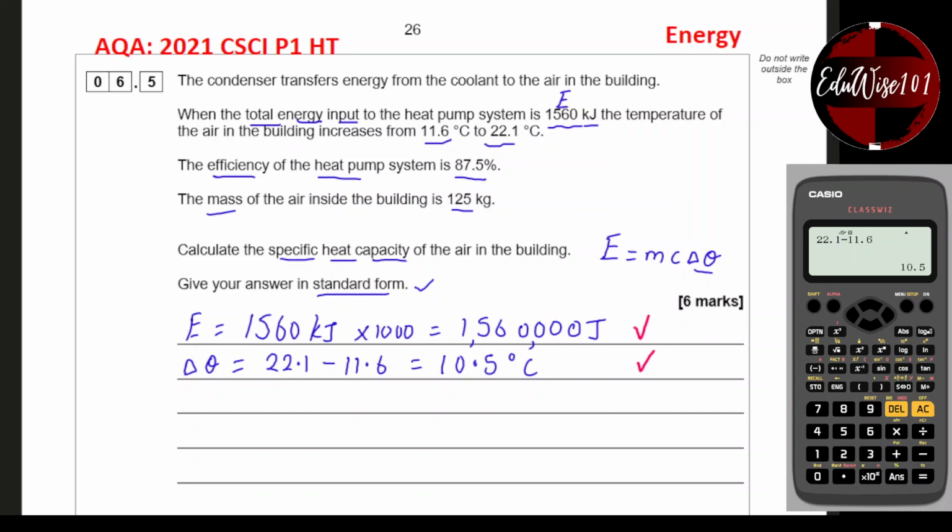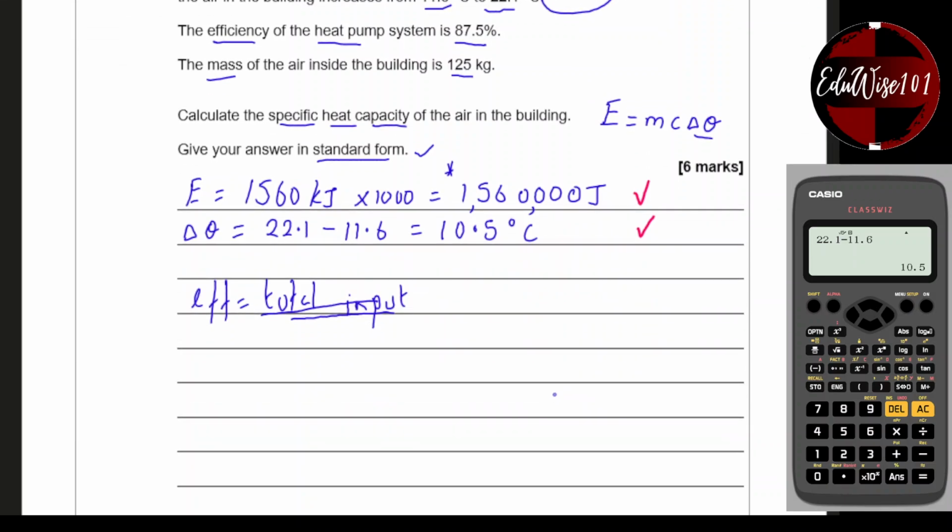Now, the efficiency of the heat pump is 87.5%. So for the total input energy, which is that 1,560,000, we need to find 87.5% of this value. So efficiency equals total useful energy divided by the total input energy.